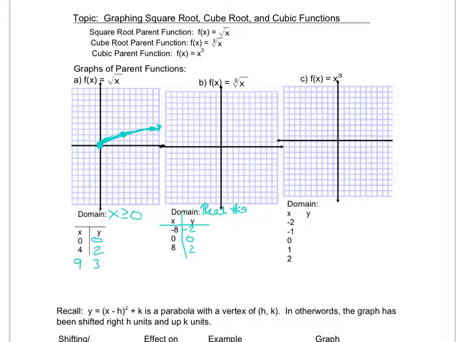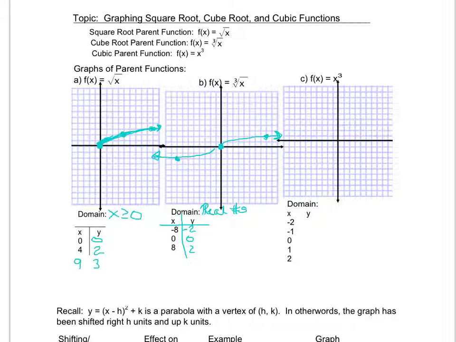I could continue to pick more values, but I don't have a graph big enough for it, so I'm going to just choose those 3 and plot them: back negative 8 and down 2, 0, 0, and forward 8 and up 2. The look of the cube root function looks something like this, and it continues to extend in both directions.